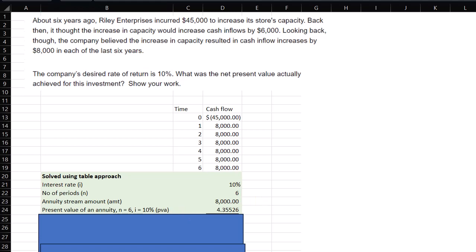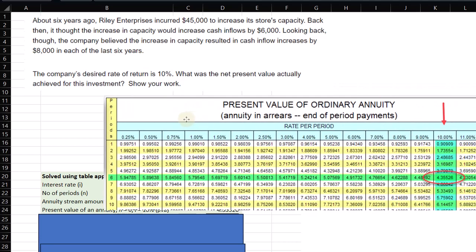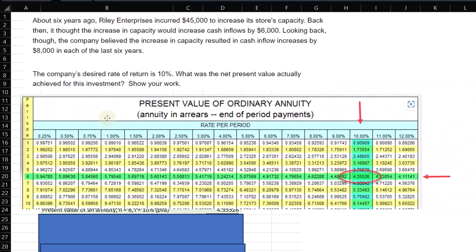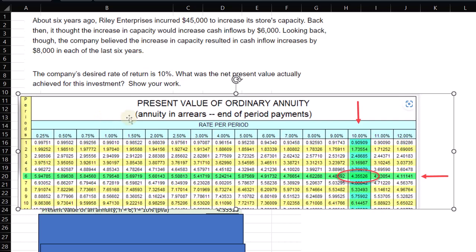So I'm saying this is the present value of the annuity. Now, how would we come up with that amount? If you look there, using a present value annuity table, which you can find online or in a textbook or in homework manager programs, we want to find the value where we're using the correct interest rate and number of periods.